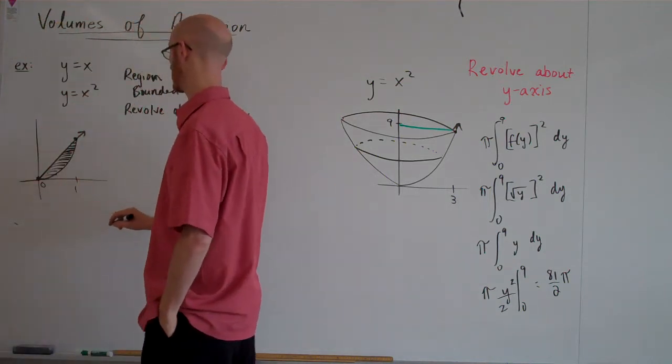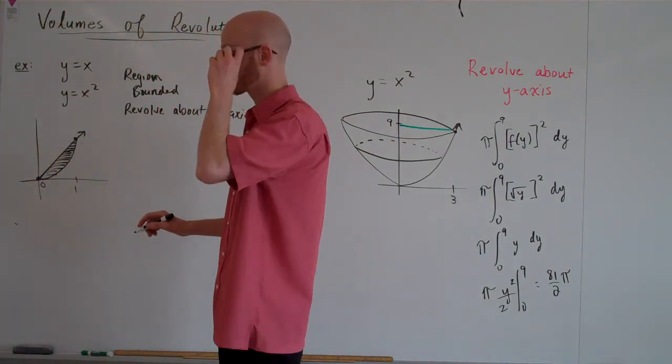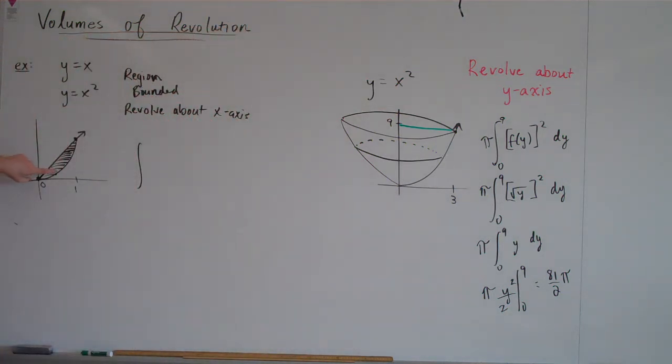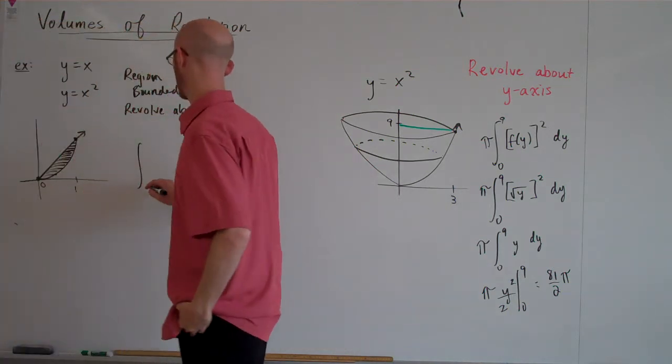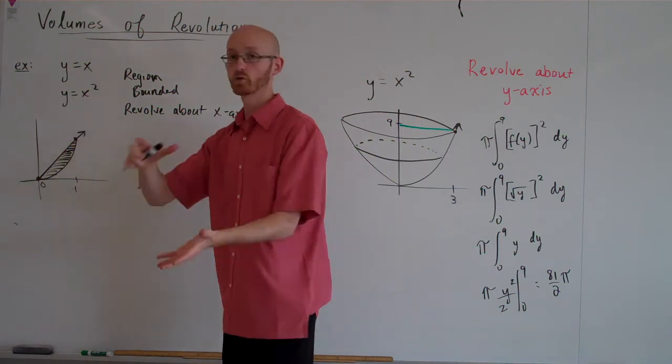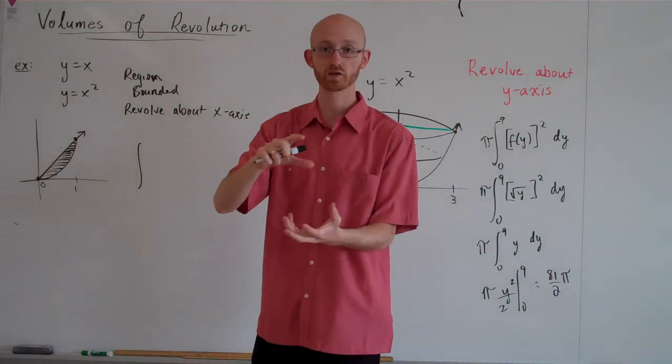So now we're going to revolve that thing about the x-axis. The problem here is, of course, that there's air in here now. There's going to be space. So what we're going to do is do the whole thing as if it was just one cone, one block of a cone.